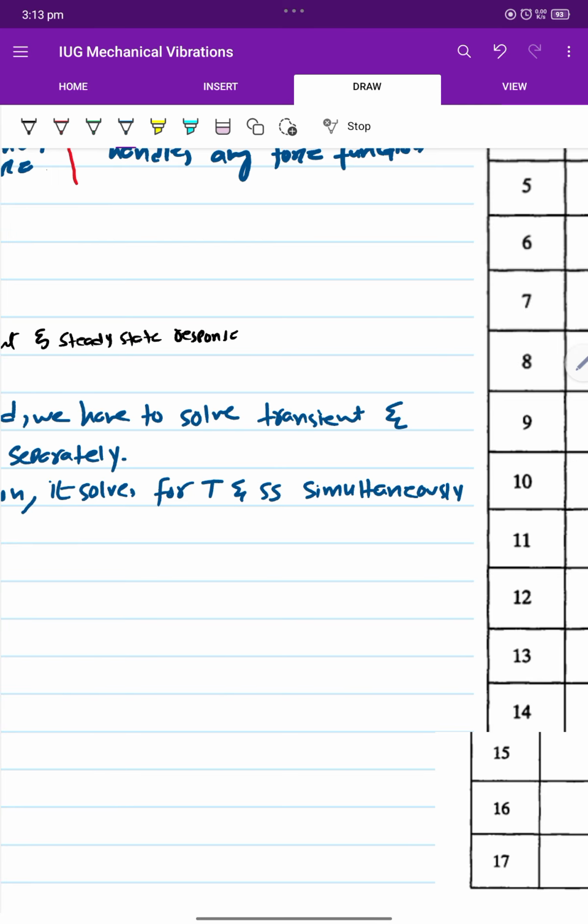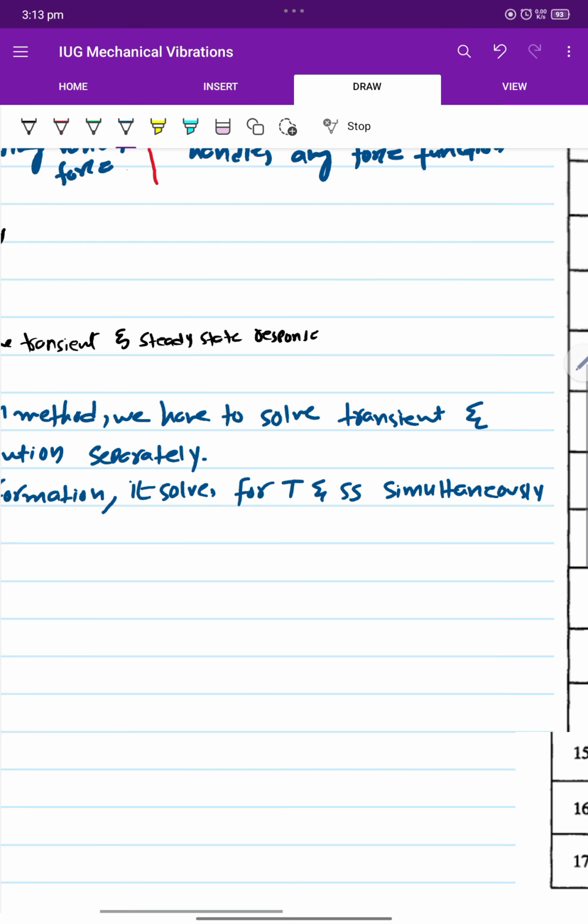If you remember, in the general solution method we have to solve the homogeneous solution and the particular solution separately, as we saw in the last lecture, while the Laplace transformation will solve both of them together at the same time.